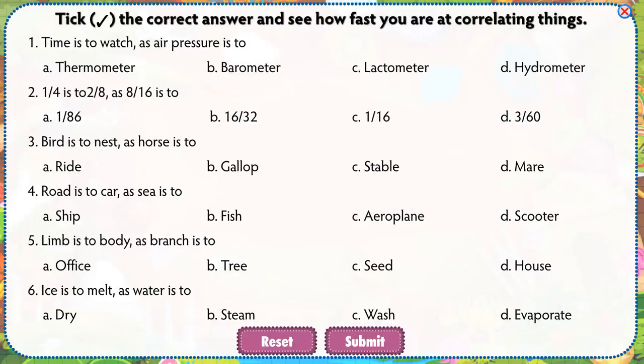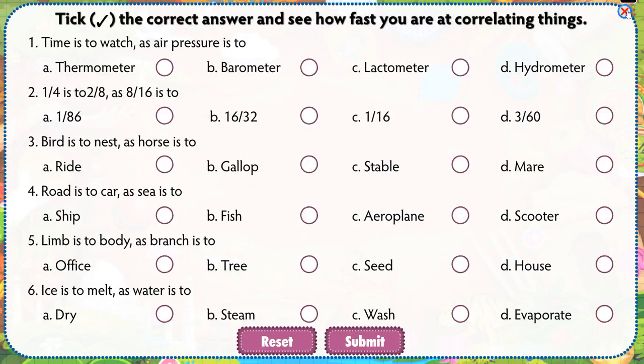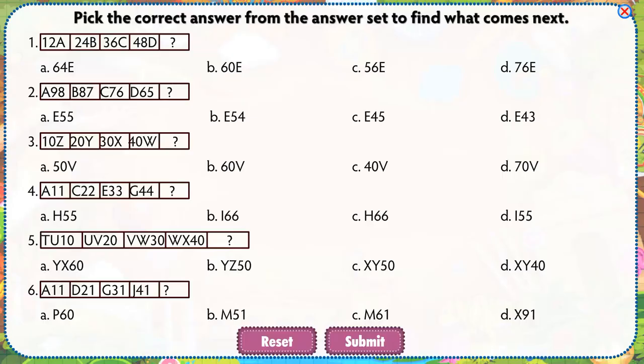Tick the correct answer and see how fast you are at correlating things. Pick the correct answer from the answer set to find what comes next.